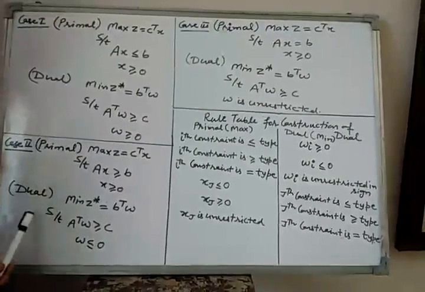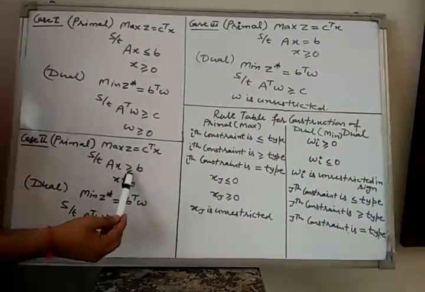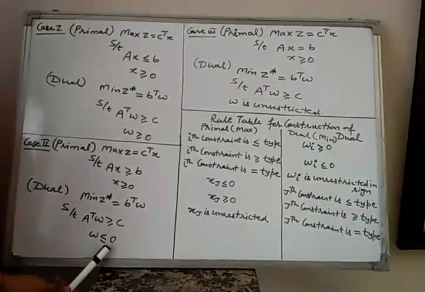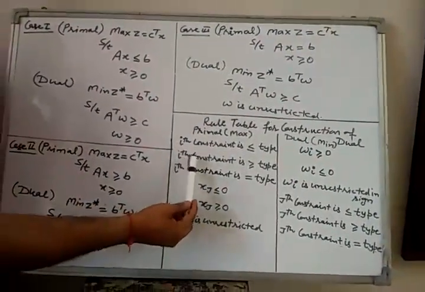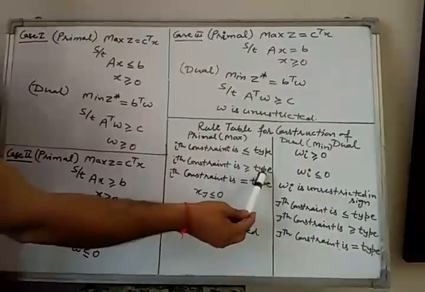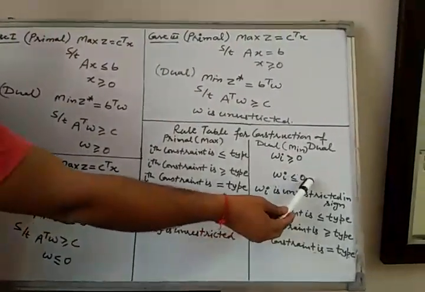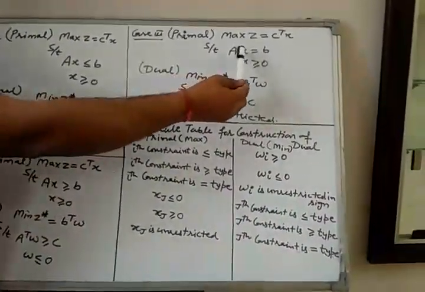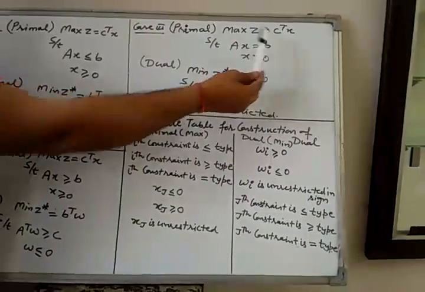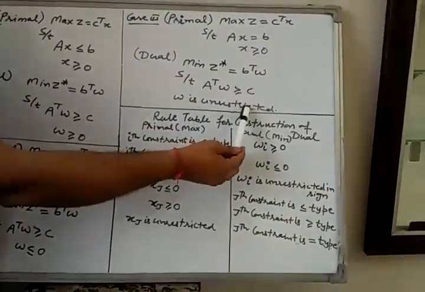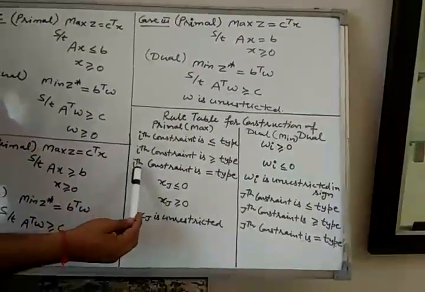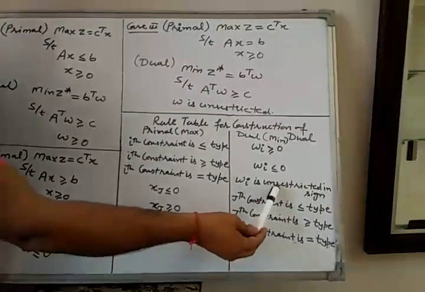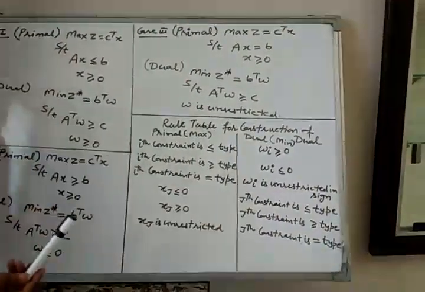In the second case, if the inequality is of greater than or equal to type, then the dual variable is less than or equal to 0. Therefore, if the ith constraint is greater than or equal to type, then the ith dual variable is less than or equal to 0. In the third case, if the constraint is of equality type, then the dual variable is unrestricted. Thus, if the ith constraint is of equality type, then the ith dual variable is unrestricted in sign.